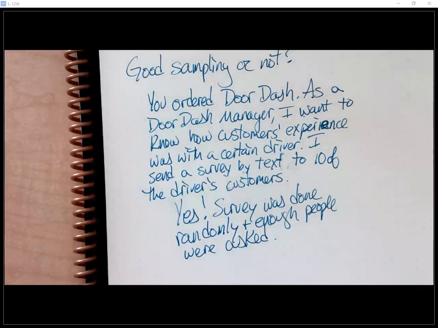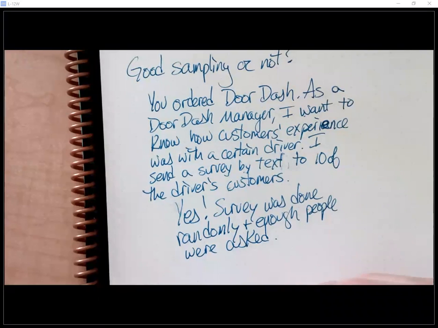All right, so anyway, let's move on to something called a frequency table.